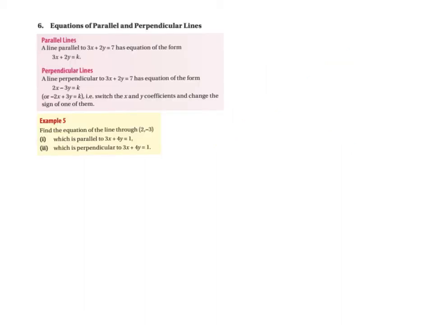The last thing this video is going to do is to just talk about equations of parallel and perpendicular lines. And you can see here just a little bit of info in the pink box again, where for parallel lines, a line parallel to 3x plus 2y is equal to 7 has the equation of the form 3x plus 2y is equal to some constant. Because if you think about it, if I rearrange this slightly, this would be exactly the same as 3x plus 2y minus 7 is equal to 0, and our gradient m is equal to minus a over b, which in this case is minus 3 over 2.